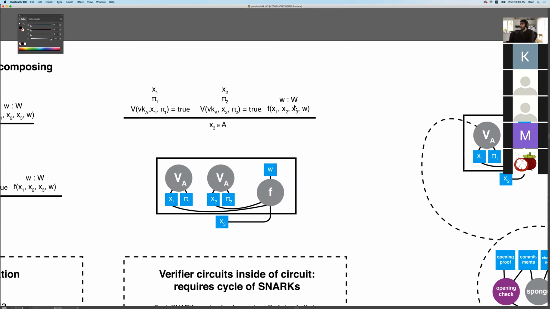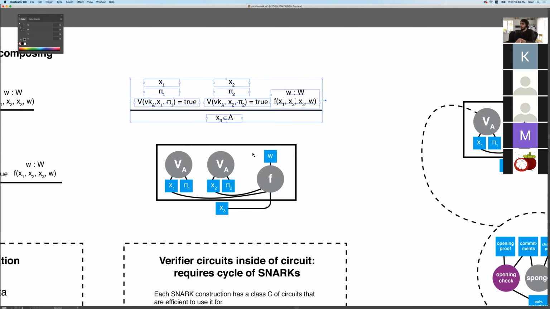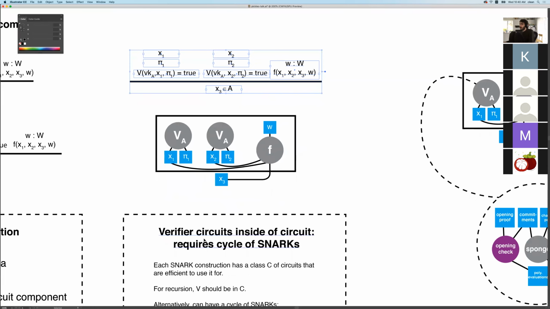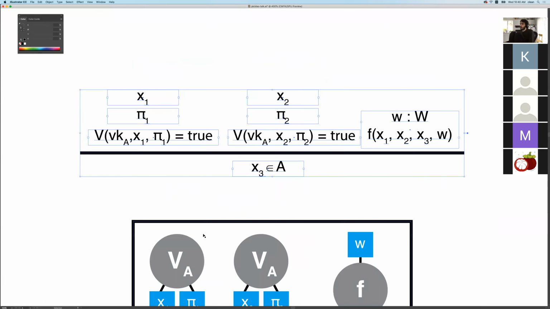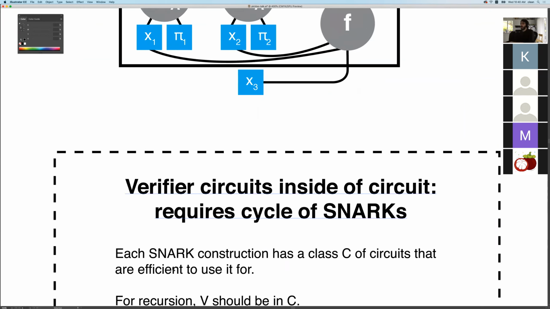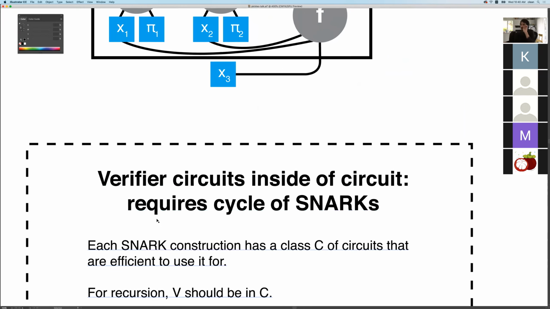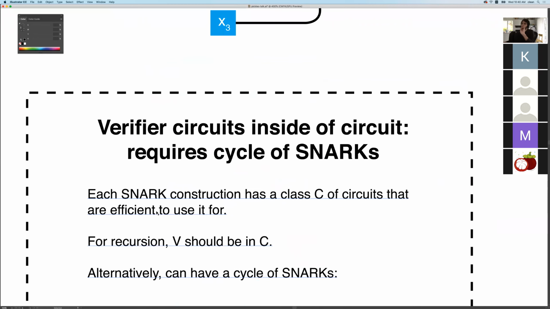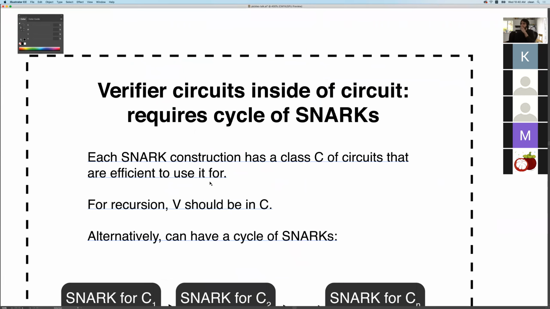Cool. So now is a good time to describe one practical issue, which is that, as probably some people know, every SNARK construction has some specific class of circuits which are particularly efficient for that construction.